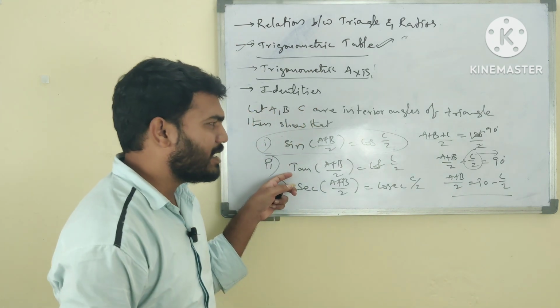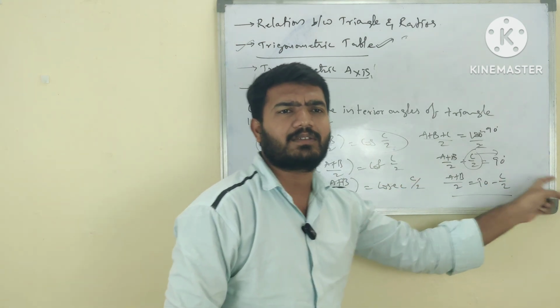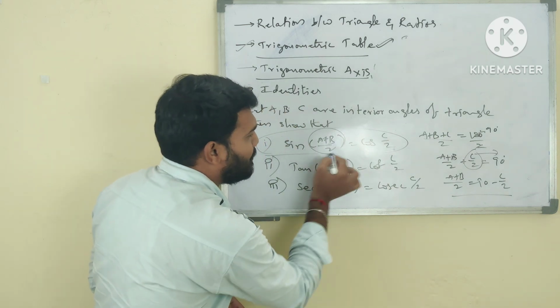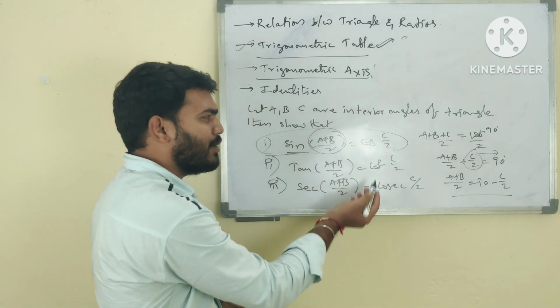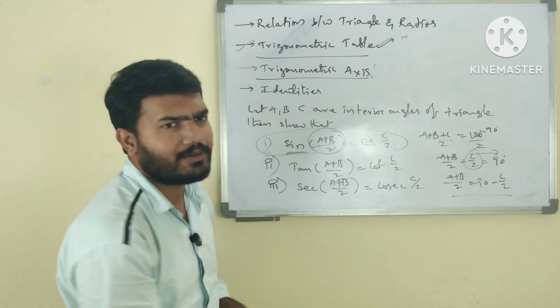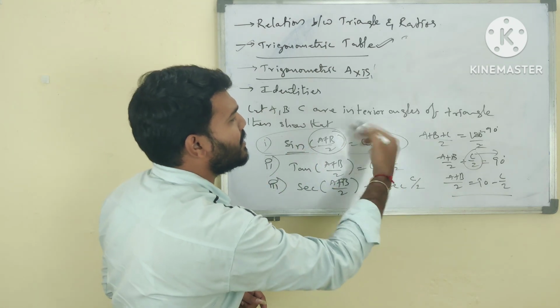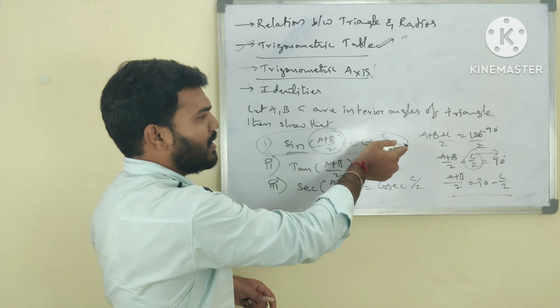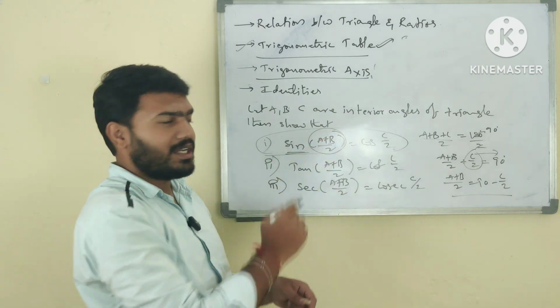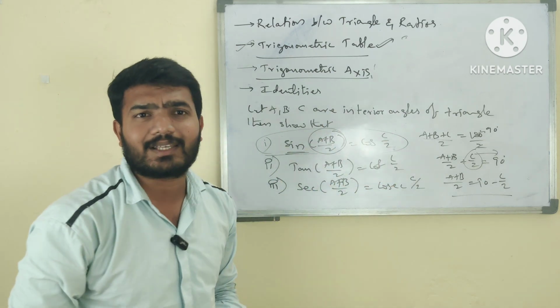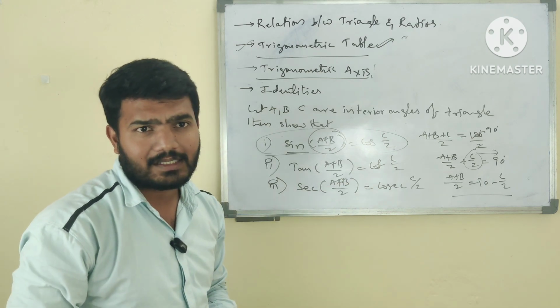Or if you need to prove the second statement, you have to add tan theta on both sides. Why? Because in front of A plus B by 2 we have sin theta. Sin unte sin cheyali, cos unte cos add cheyali, sec unte sec add cheyali. Akkada edi unte adi add cheyali, so that the 90 minus theta is equal to cos theta. Sin of 90 minus theta is cos theta, tan of 90 minus theta is cot theta, and secant 90 minus theta is equal to cosecant theta. Already we know that, right?